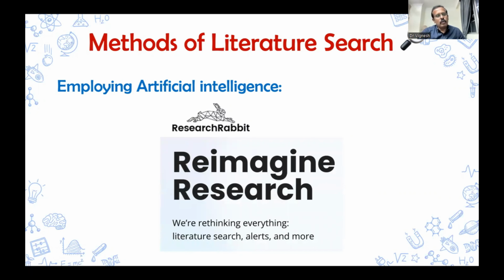Generally, when you go to Google Scholar and do a search, let's say you have a keyword like COVID-19, you will get millions of articles. So maybe you will add one more keyword to make it more relevant, for example COVID-19 vaccine. Again, it will come up with so many pages of articles.